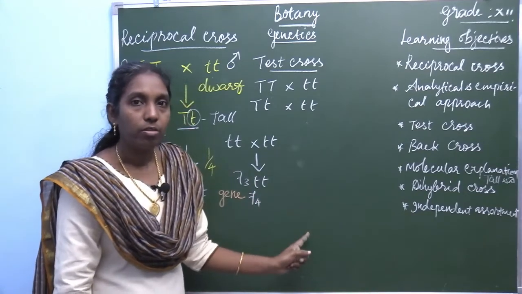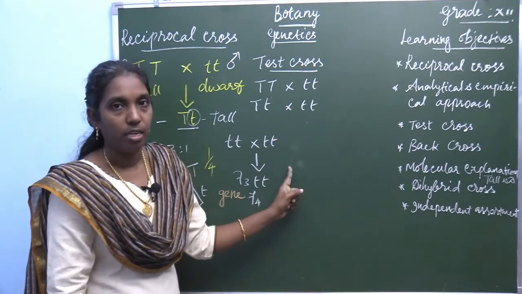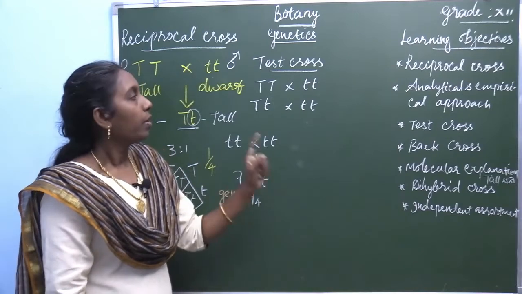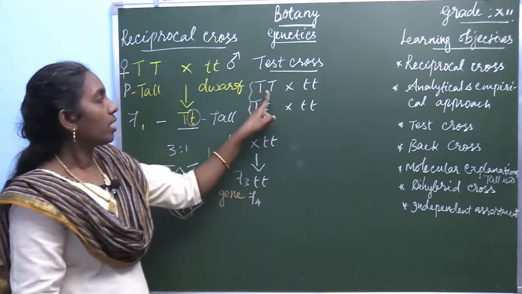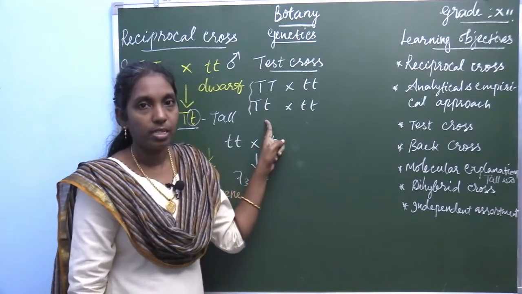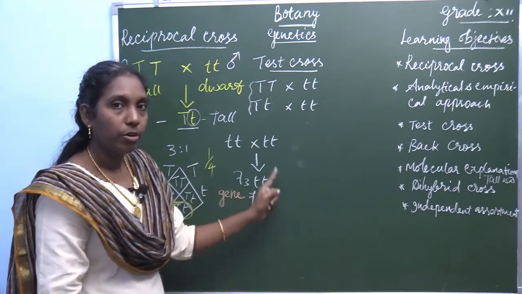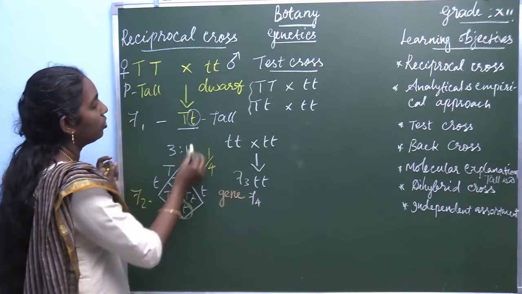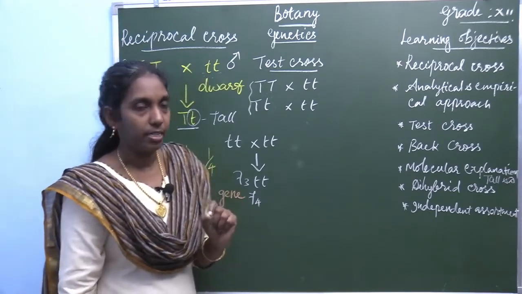So, he found out the recessive trait is small t, the dwarf. But what is the reason behind this? There are homozygous tall and heterozygous tall. The F3 and F4 generations produce dwarf. So, he concluded that the dwarf gene is small t, the dwarf trait.